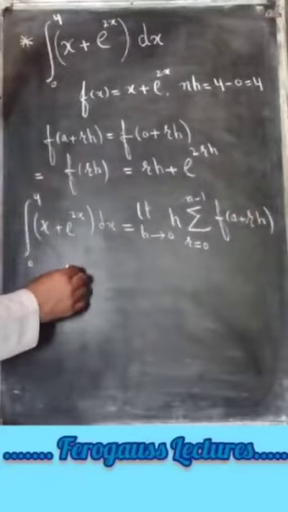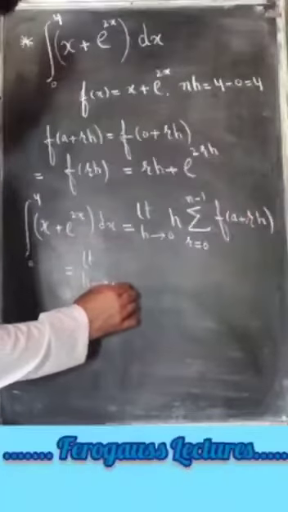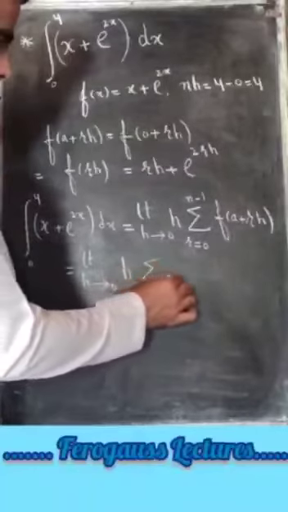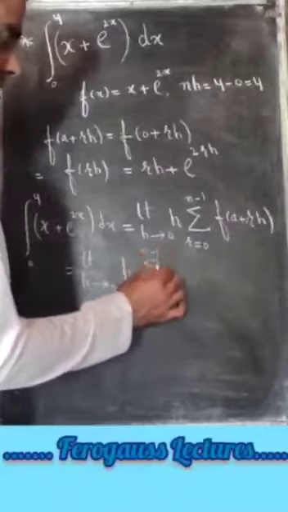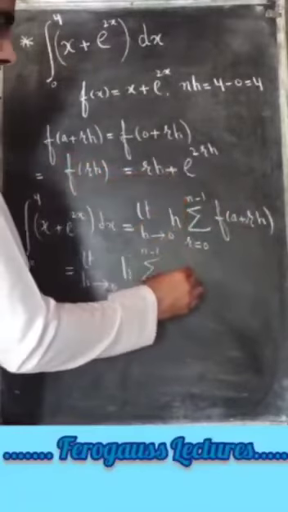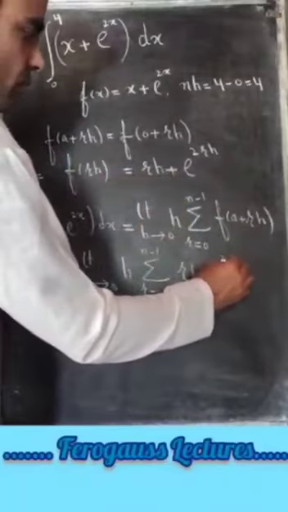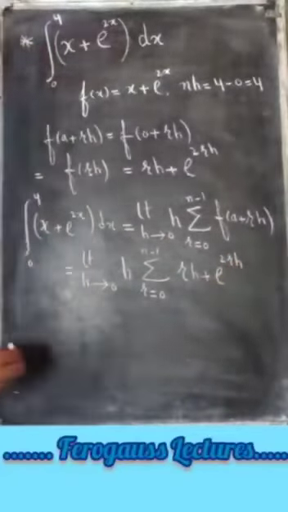That is equal to the limit as h tends to 0 of h times the summation, r from 0 to n minus 1, of rh + e^(2rh).